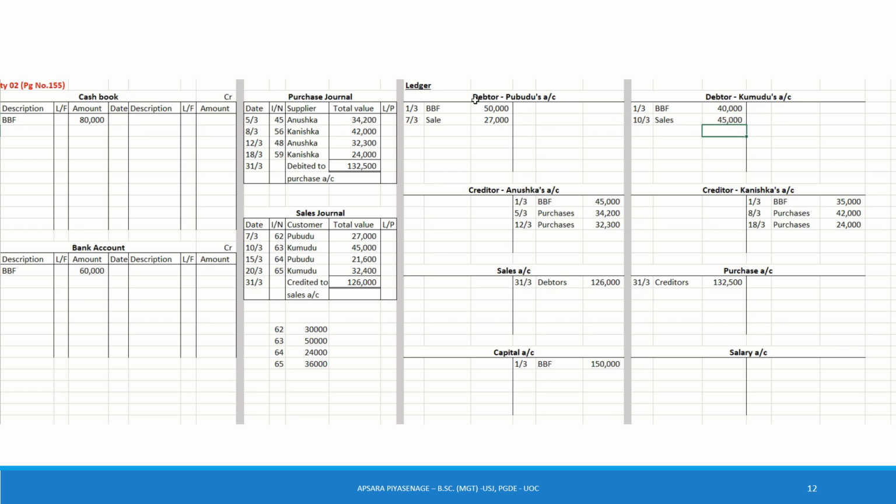Then again on 15th of March, 21,600. Then there's another sale to Kumudu on 20th March, 24,000.